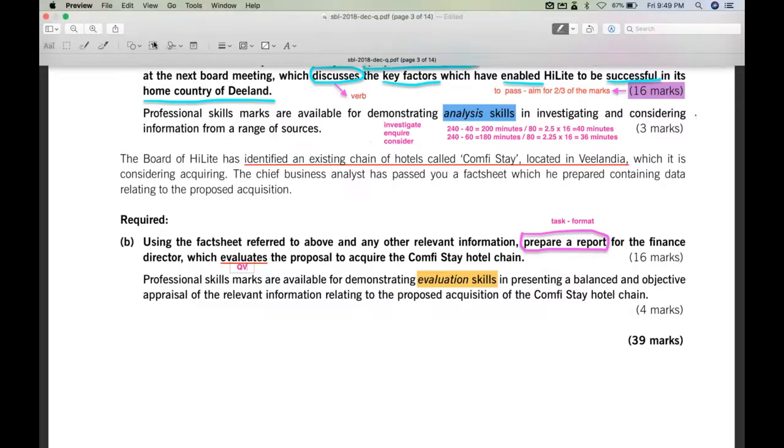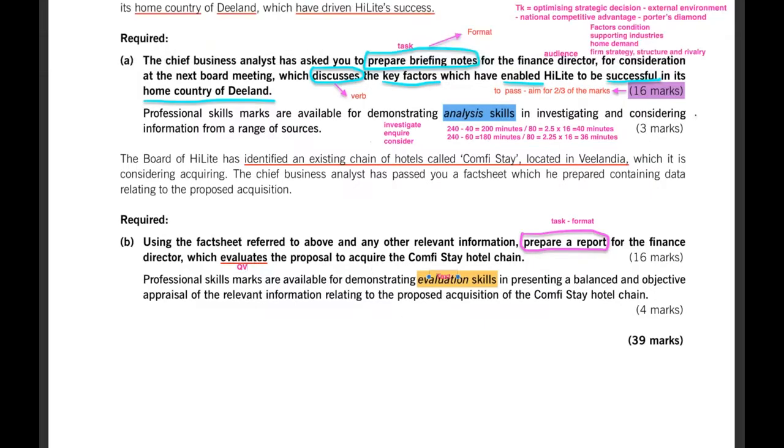Yes. Basically it's optimizing strategic decision, it'll be on evaluation.